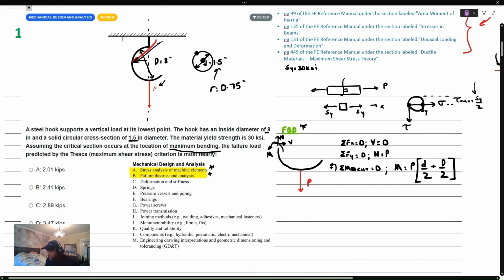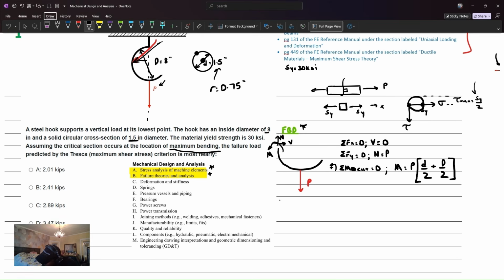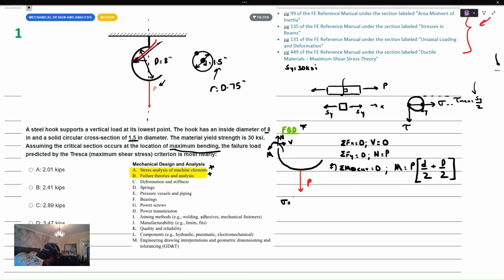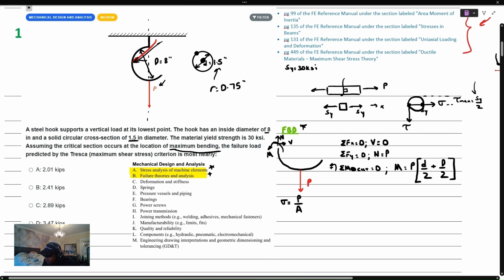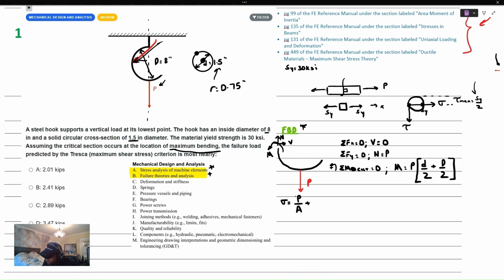Okay, so in terms of our stress, the contribution from the uniaxial stress in this case is equal to P over A, and it's tensile. And then in order to maximize this tensile stress, we're going to want to add the maximum bending tensile stress also, right?